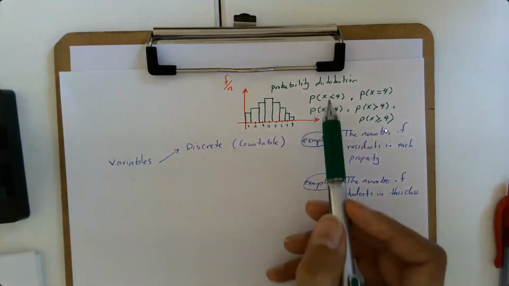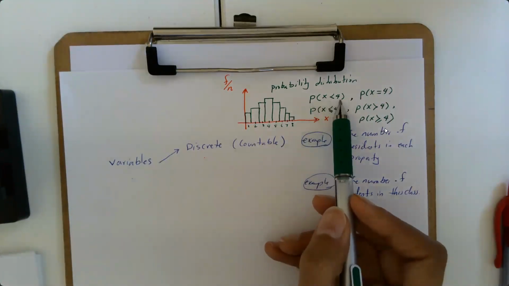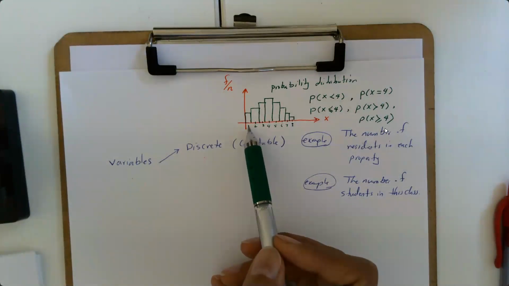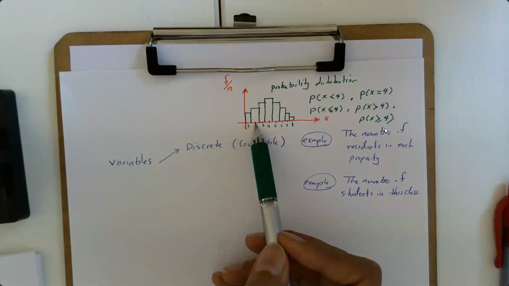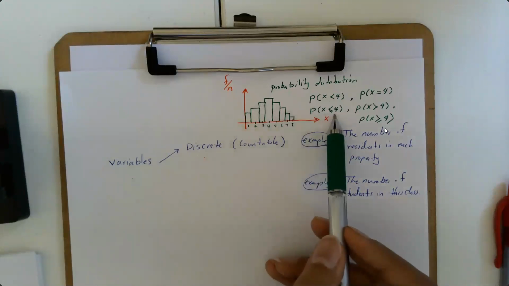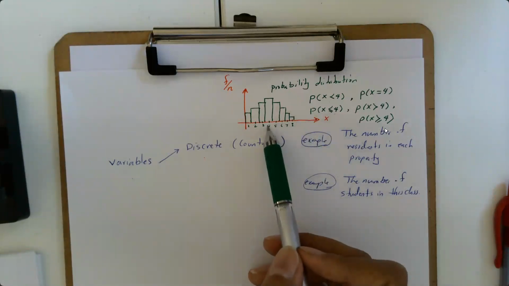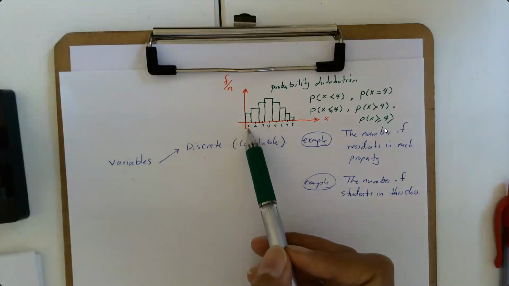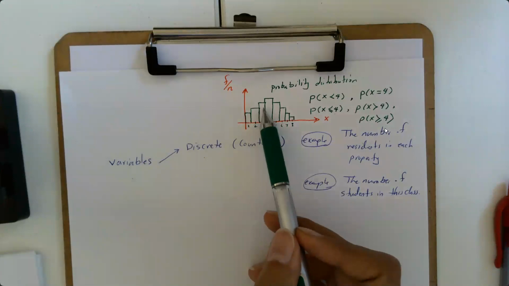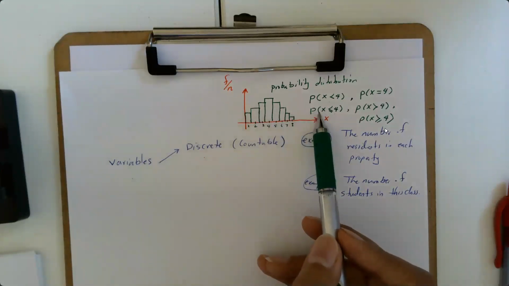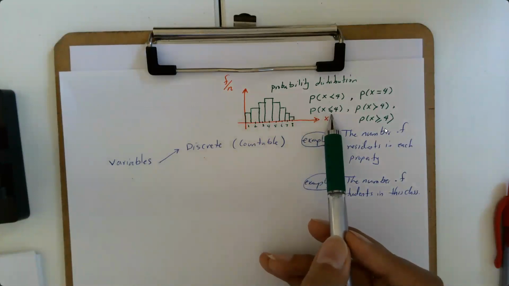If it says x is less than 4, it means that x can be 3, 2, or 1, and we're going to add the probabilities for these 3 bars. If it says x is less than or equal to 4, it means that x can be 4, 3, 2, or 1, and we're going to add all of these probabilities together to find the probability that x is less than or equal to 4.